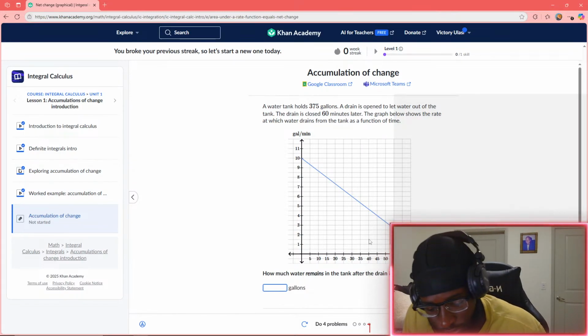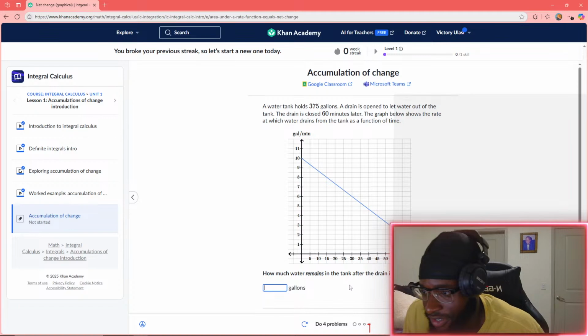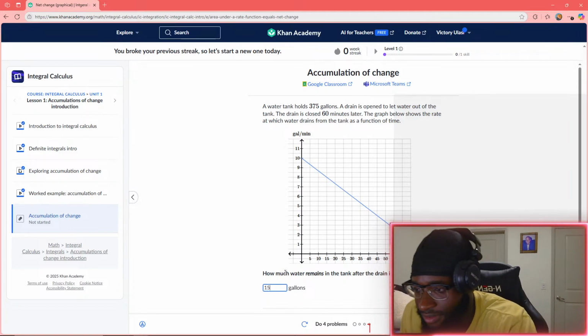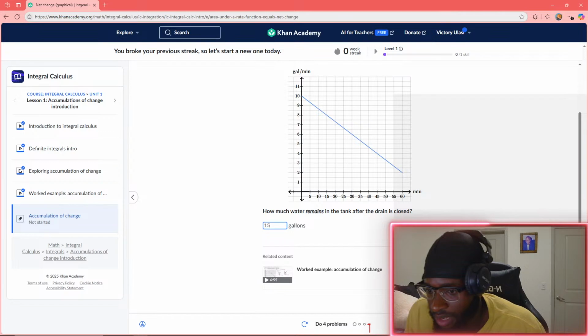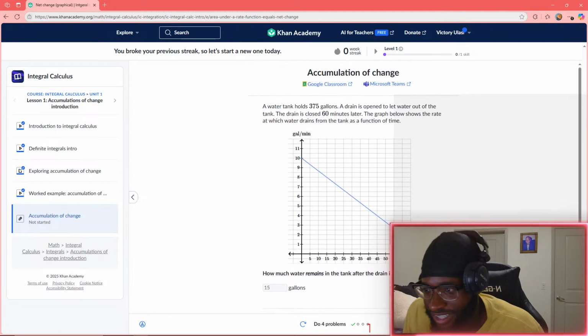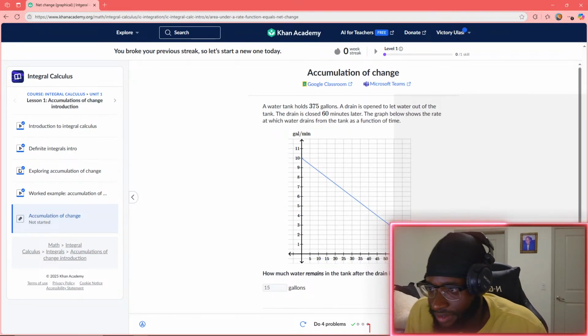Oh, so that just means 360 has drained out. So no, it'll be 375 minus 360 will be the answer. Okay, that makes sense. 15. I thought there was 360 left. I was like, that makes no sense. But no, 360 is drained out.